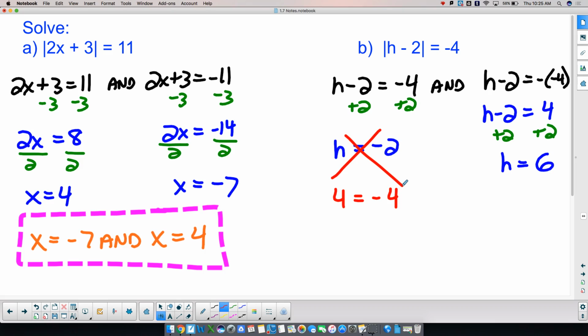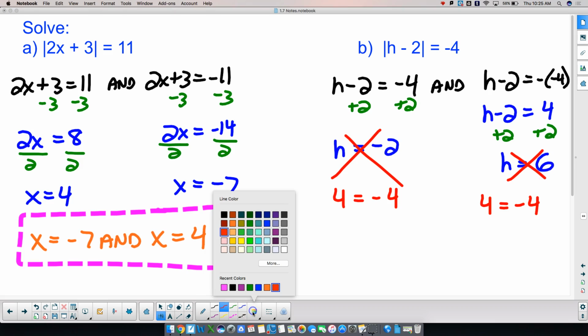Kick that bad boy out. So it's got to be 6 then, right? Plug it in. 6 minus 2 is 4. Absolute value of 4 is 4. Is 4 equal to negative 4? No. It's gone. So now what?